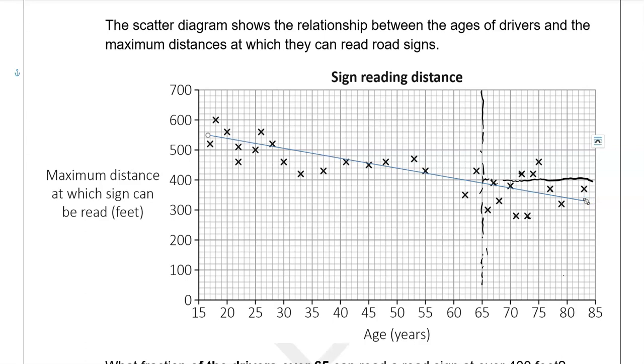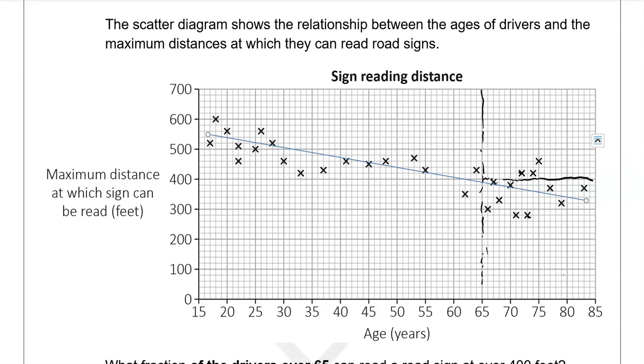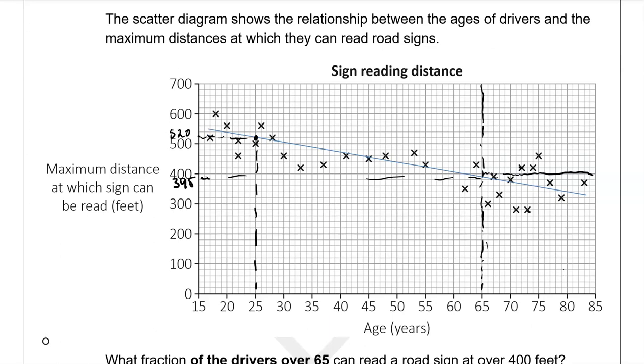So roughly about here. So we're looking between 25 and 65. So if I go up to 25, this is 520, and going to 65 is about 395.